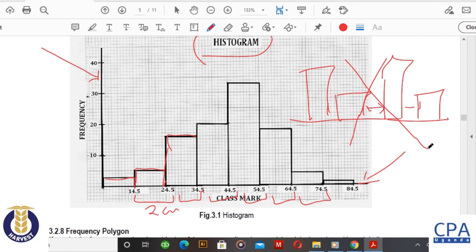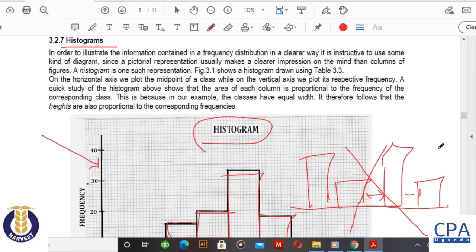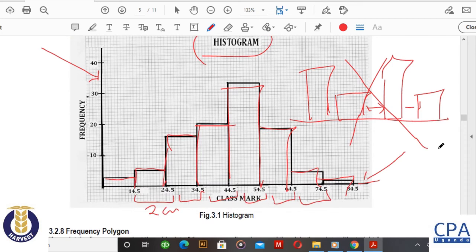That one is totally wrong. If you leave gaps between the bars, then it becomes a bar chart. But for the histogram, the bars are supposed to touch each other, next to each other, just the way we have demonstrated on that page. So that is as simple as it can be.